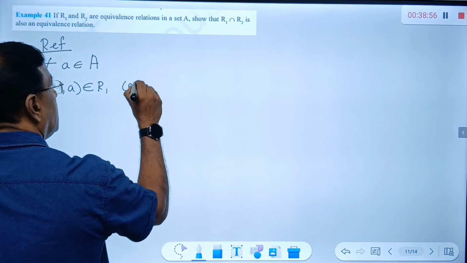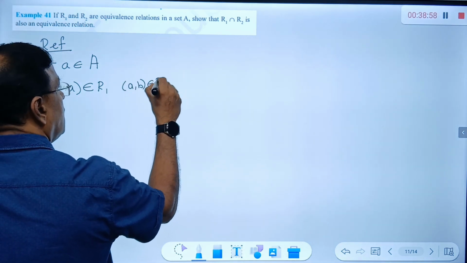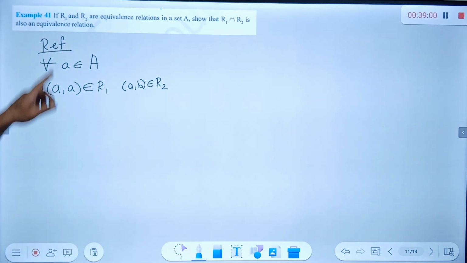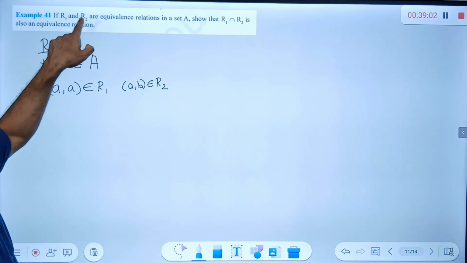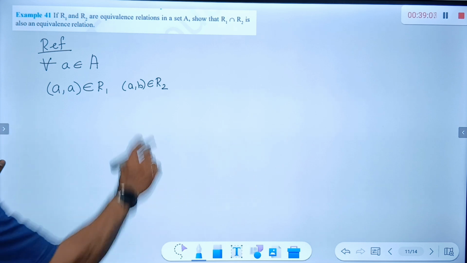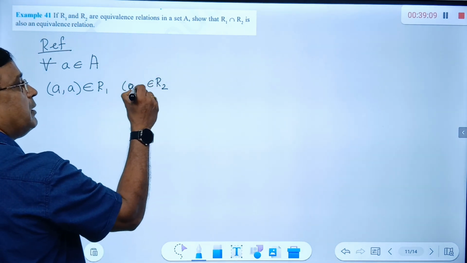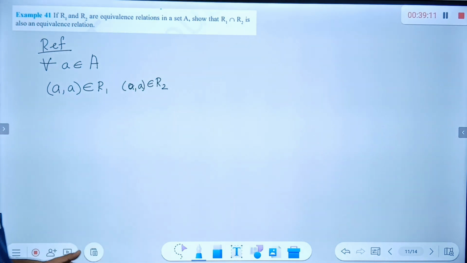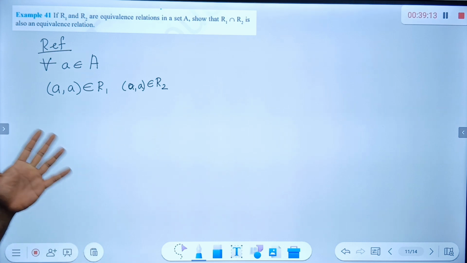And definitely (a, a) will belong to R2. Why? Because R2 is reflexive, because R1 and R2 are equivalence relations. Since R1 is reflexive and R2 is reflexive, I have (a, a) belongs to R1 and (a, a) belongs to R2.